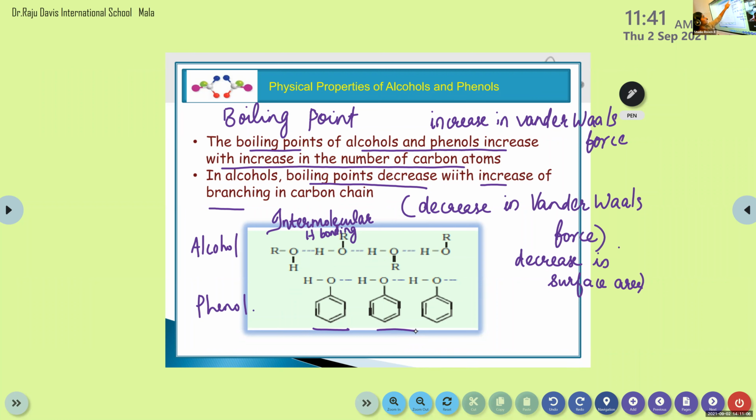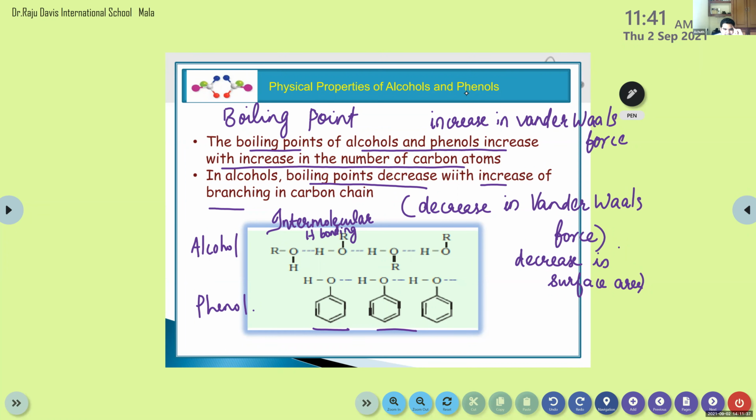Does this intermolecular hydrogen bonding have any effect on boiling point? Tell me. Dia, what's your opinion? Yes, right? Achyut, what about you? You can tell your opinion. Yes or no?